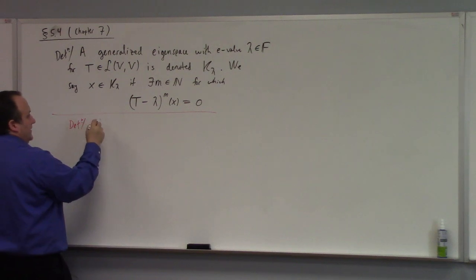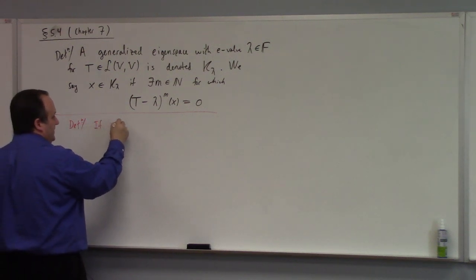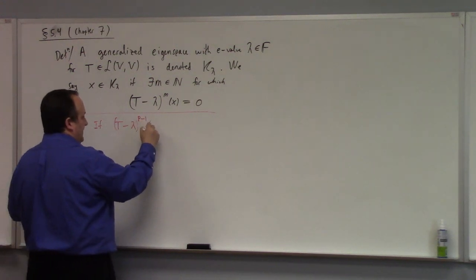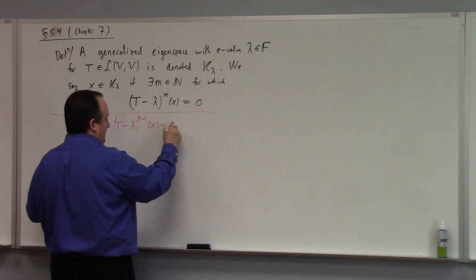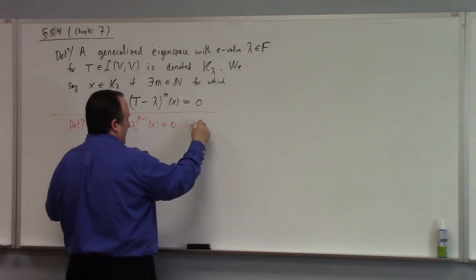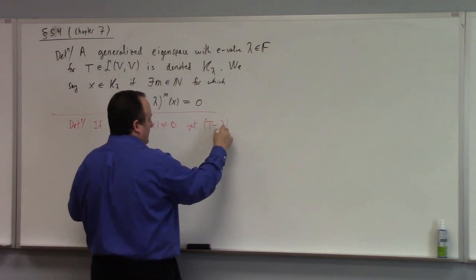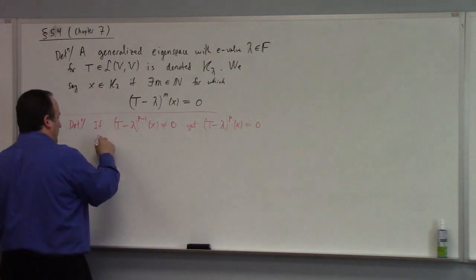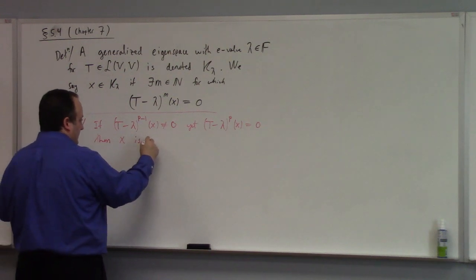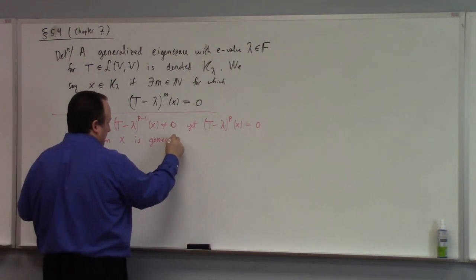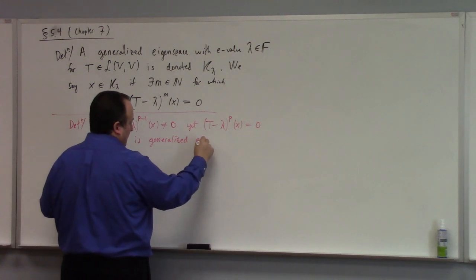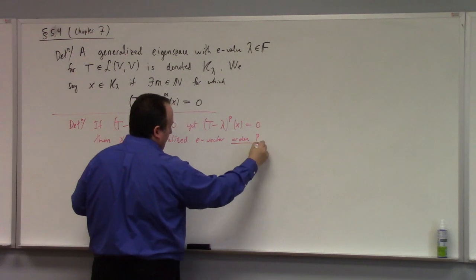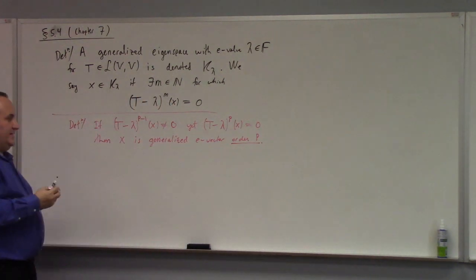Definition: if (T minus lambda)^(p minus 1) acting on x is not equal to 0, yet (T minus lambda)^p acting on x is equal to 0, then x is a generalized eigenvector of order p with eigenvalue lambda.